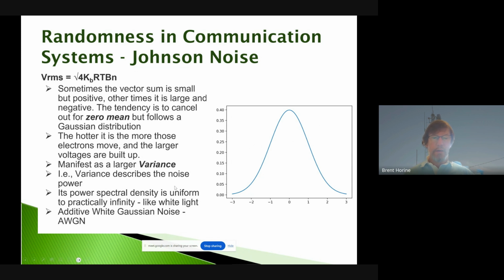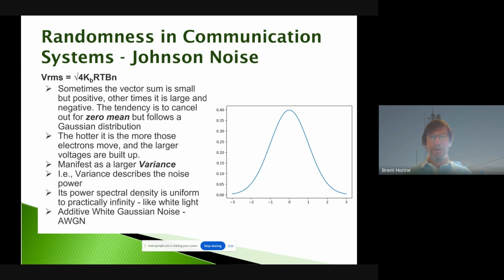We haven't analyzed it, but we've talked about how the power spectral density, the frequency spectrum of a random process, is uniform, meaning it's a constant value practically to infinity. Okay, not really.